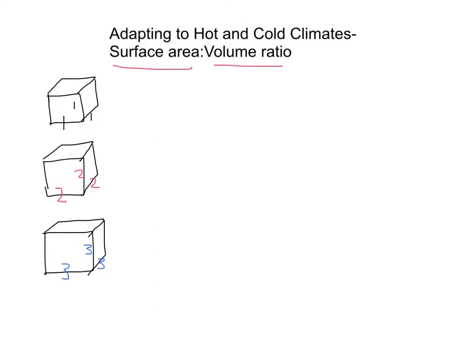So what we're going to do is first of all look at surface area. So we're going to consider the surface area of these 3 cubes. Now, surface area is length times height, and as it's a cube, there are 6 sides, so we need to times that by 6.